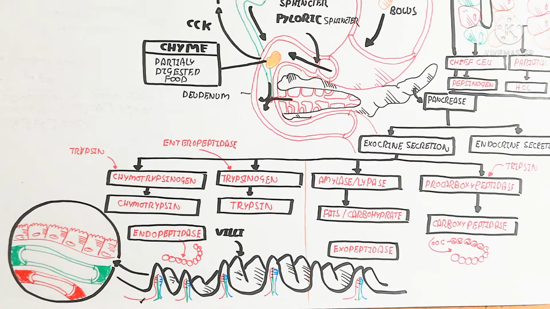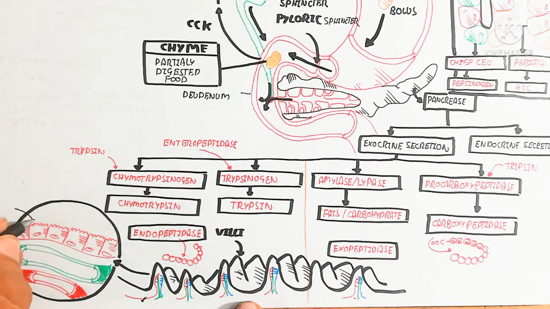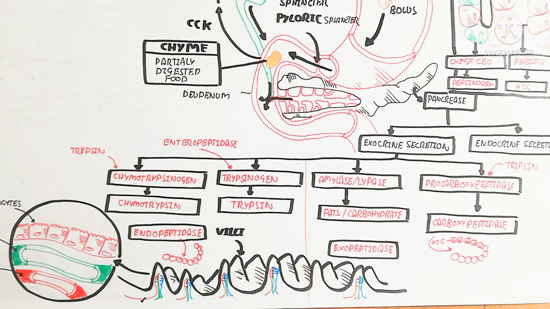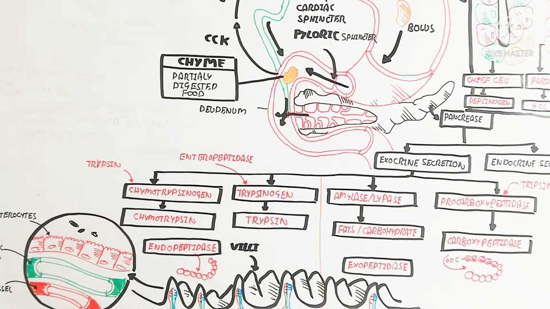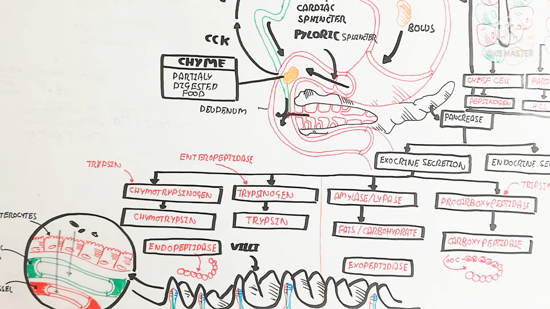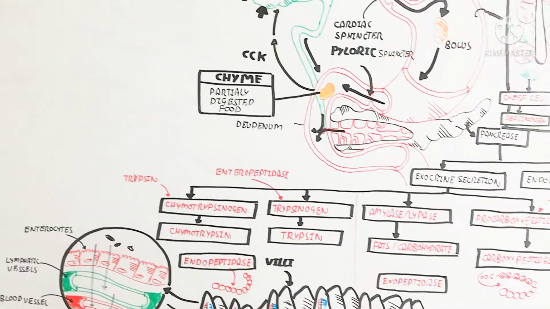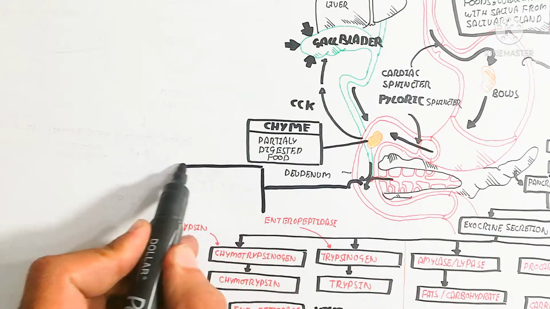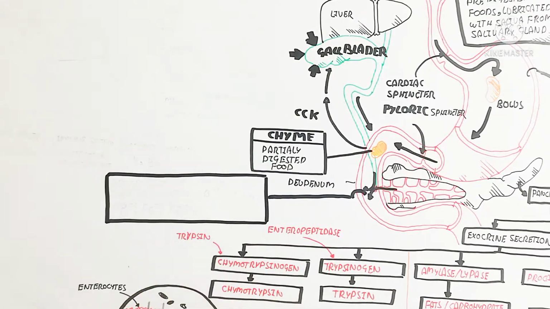Microvilli are also part of the cell known as the enterocyte, which is also known as the brush border cell because it contains brush border enzymes. For example, sucrase and maltase are for digestion of the disaccharides, while dipeptidase and tripeptidase are for digestion of the dipeptides and tripeptides.